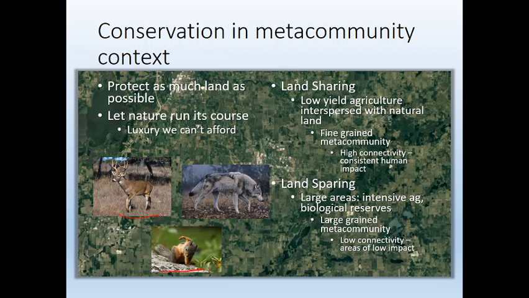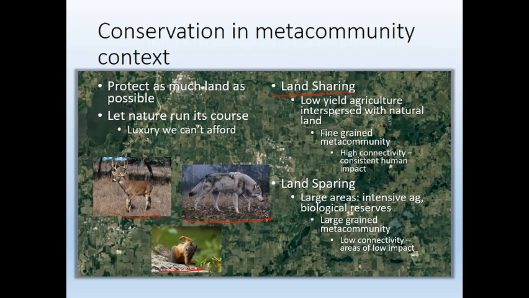White-tailed deer, they're even relatively big animals, but they work relatively well in high human impact areas. I'm sitting in the middle of New Jersey right now, and I see deer every day just in people's yards, grazing on the grass and people's bushes, and they do just fine in these really human dominated areas.